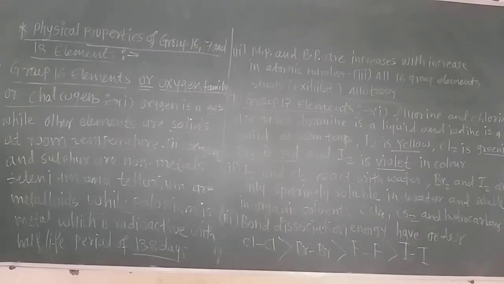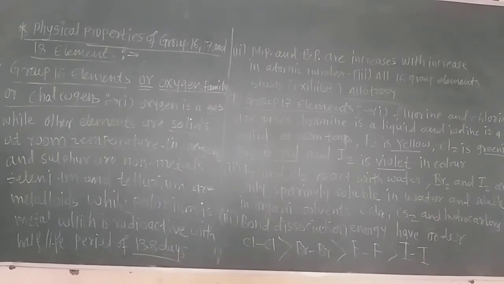Only astatine, the last element of this group, is a radioactive metal. Fluorine and chlorine react with water. But bromine and iodine are only sparingly soluble, that is, less soluble in water, and they are soluble in organic solvents such as carbon tetrachloride, carbon disulfide, and some hydrocarbons. In these, bromine and iodine are very good soluble.